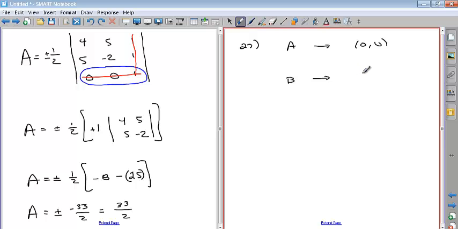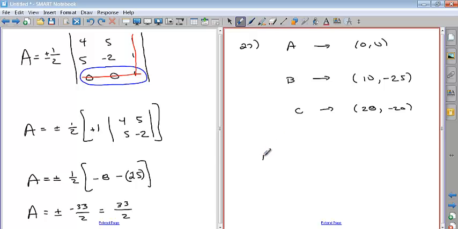If you look at B, with north as positive, it's going to be +10 in the x direction, -25 in the y direction. And C is going to be +28 in the x direction and -20 in the y direction. Those are my 3 points.